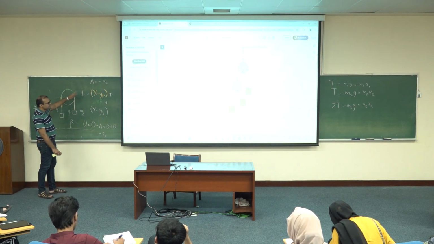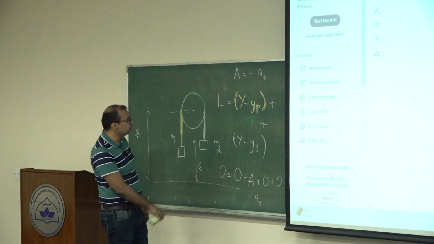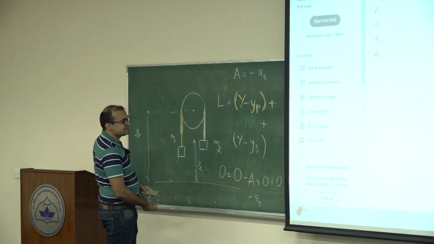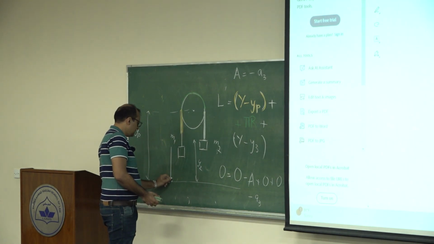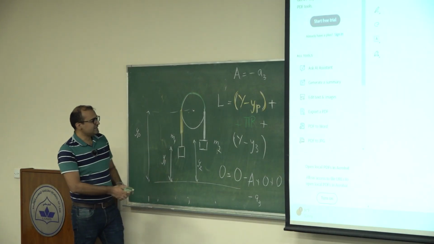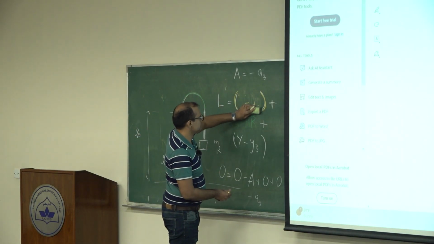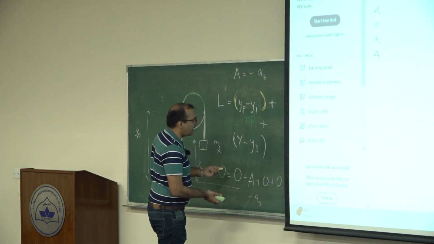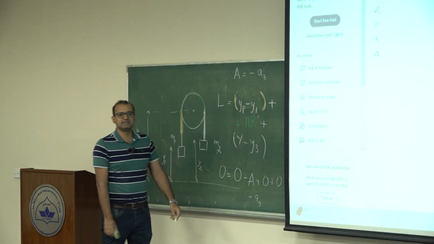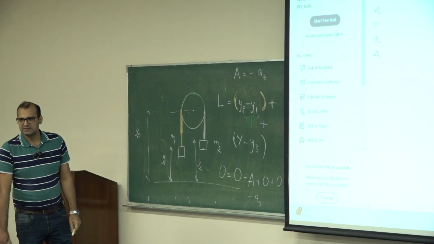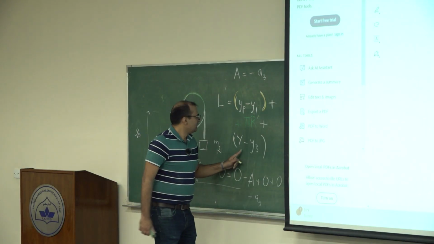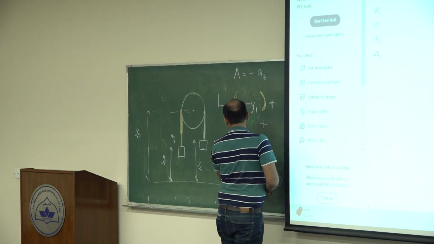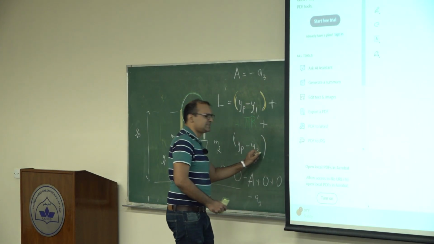So L prime, the length of this string that connects M1 to M2 now, is equal to capital Y, Yp minus Y1 plus pi r, अगर आप चाहते हो इधर भी प्राइम डाल दो, there is nothing that says that the radius of the two pulleys is the same, doesn't matter, plus इसका क्या है, Yp minus... is the same game that you play in every single pulley problem.